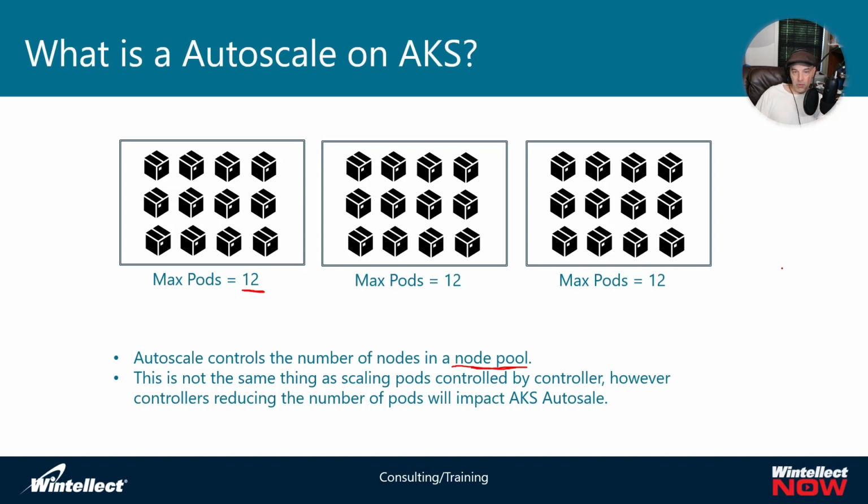So that's kind of how that works. It's just based on the maximum number of pods that you define on that given node pool. And by default, I think it's typically around 30.